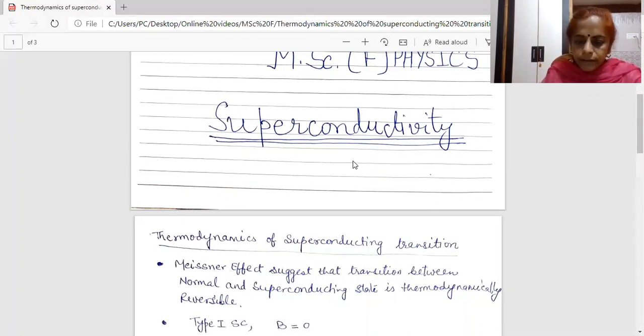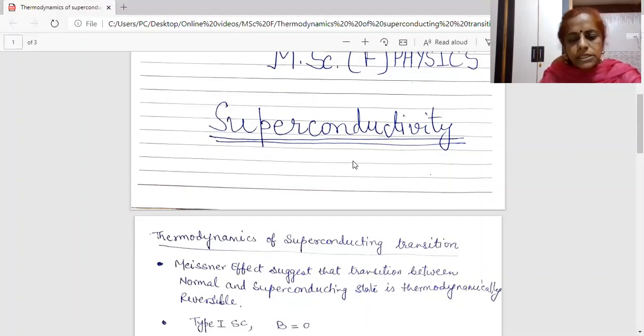Now, the Meissner effect suggests that the transition between normal and superconducting state is thermodynamically reversible, in the same sense as the transition between liquid and vapor phase of a substance is reversible under the condition of evaporation. What does this say? Just as when we evaporate a liquid, a gaseous state is formed, and we can also do the reverse process.